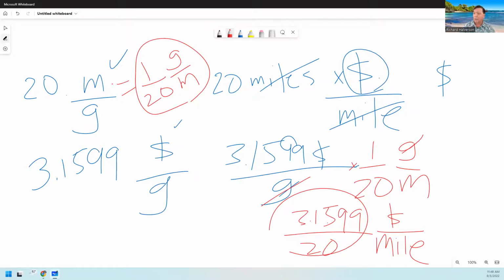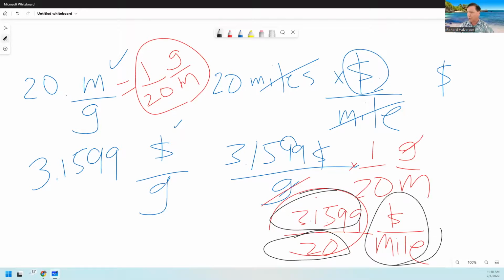So basically, what we're doing is taking the cost of the gas divided by the mileage. That is the dollars per mile that we want to multiply by the miles.